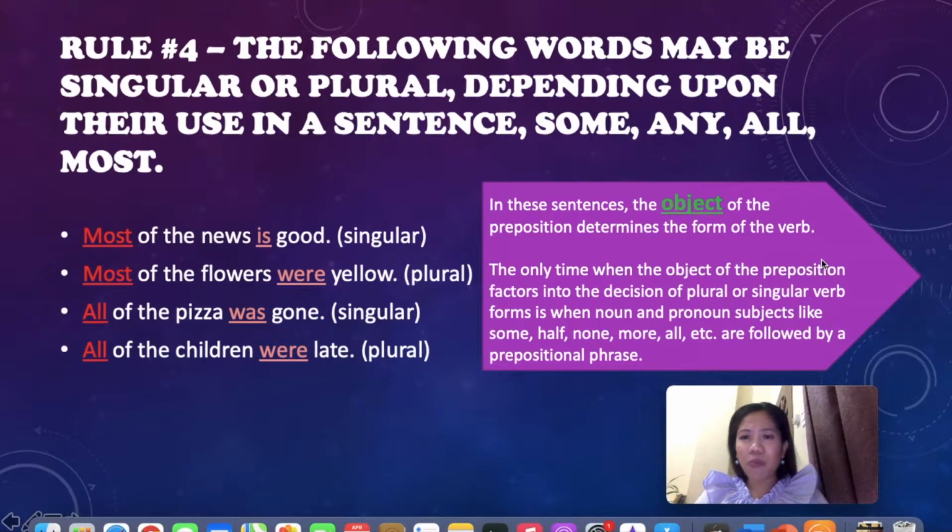The only time when the object of the preposition factors into the decision of plural or singular verb forms is when noun or pronoun subjects like some, half, none, more, all are followed by a prepositional phrase.